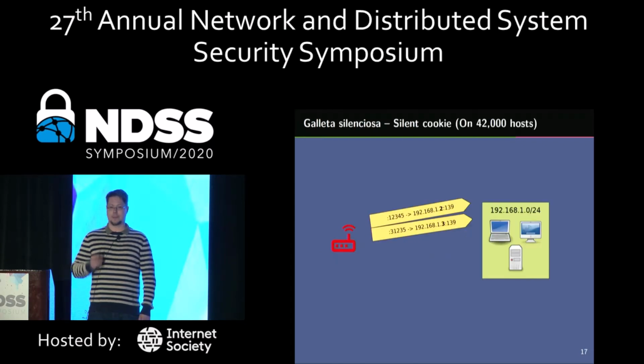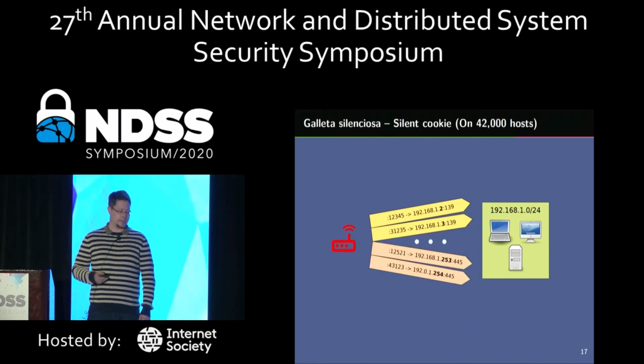So what does this Gaeta Silenciosa do? Practically, these forwards were targeting each and every host on the internal network of this router on Windows file sharing ports. The intuition is that they are trying to exploit some services hosted internally in these networks. So we can see that this is already being misused in the wild.